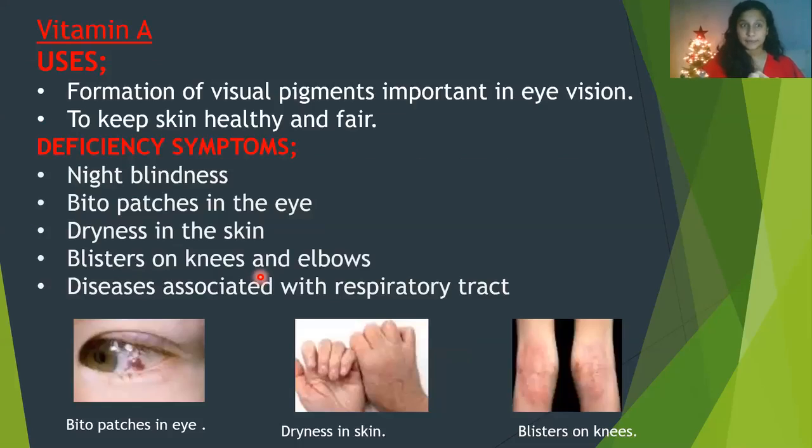Vitamin A: uses are formation of visual pigments important in eye vision and to keep skin healthy and fair. The deficiency symptoms are night blindness, Bitot's patches in the eye. Here I have given you all a diagram. Also dryness in the skin, blisters on knees and elbows, and diseases associated with the respiratory tract.